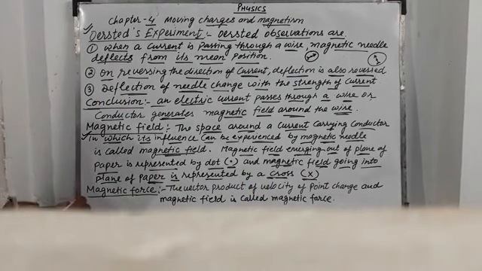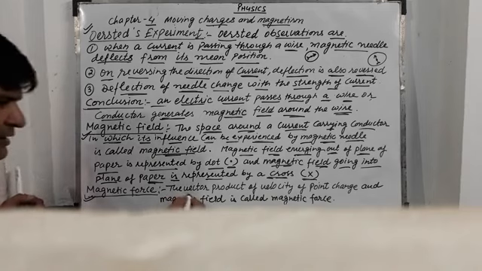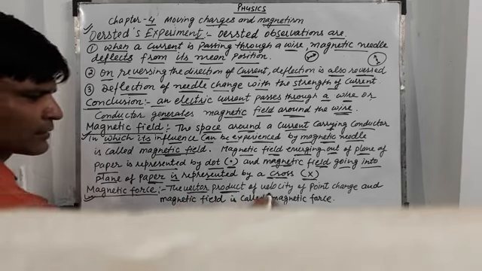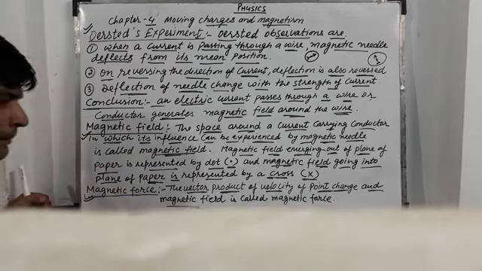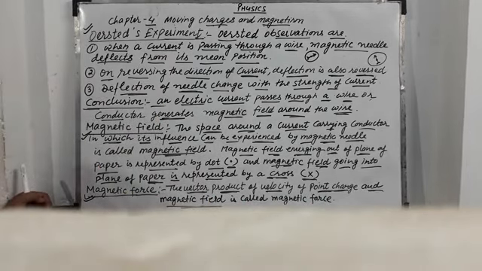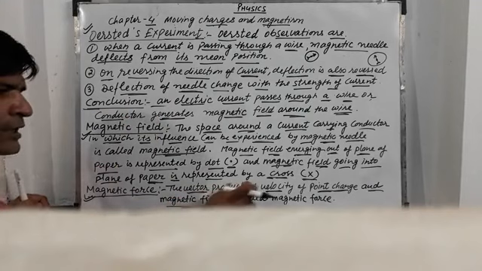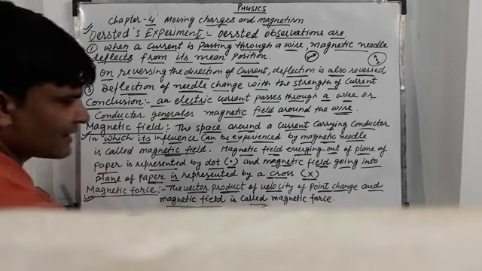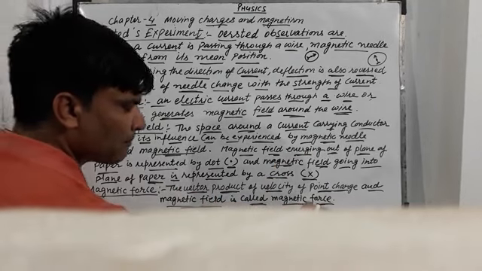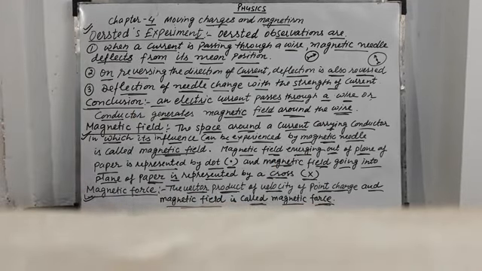Now, what is magnetic force? This is the vector product of velocity of a point charge and magnetic field. Once again, the vector product of velocity of point charge and magnetic field is called magnetic force.